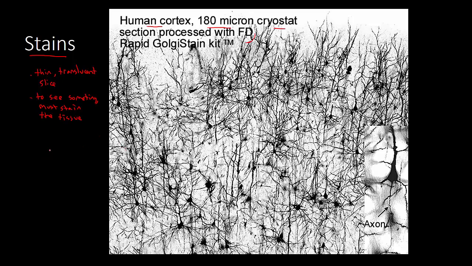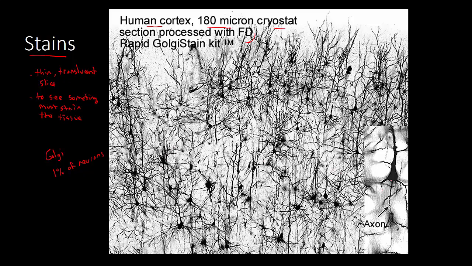So remember, this is Golgi stain, so you know you're only seeing about 1% of neurons here. But what I can see is the cell body plus all the processes. And again, if I'm really good and I can look on higher power, I can trace these for a long way. I can figure out where they're going, where they're coming from.